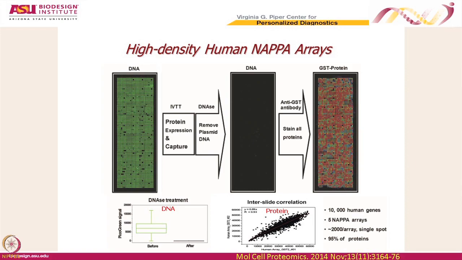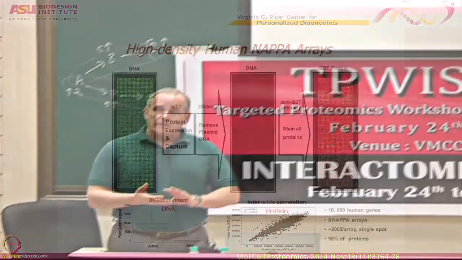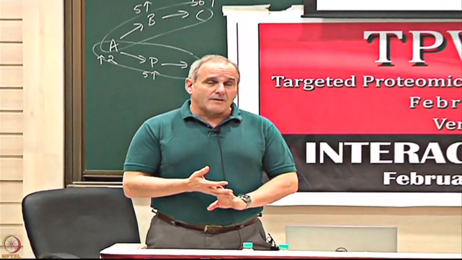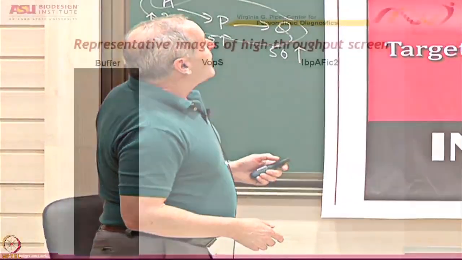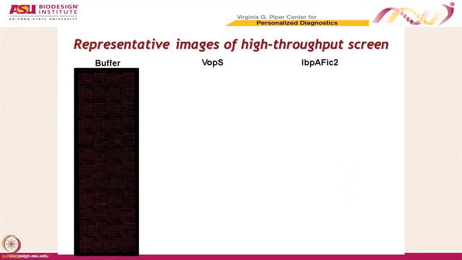He wants to then treat that array with an amylator plus this alkyne modified ATP. Okay? So here is the array if he treats it with modified alkyne ATP and buffer alone. So you don't see anything. That's good, right? If there's no amylator there, you don't want to see a signal.